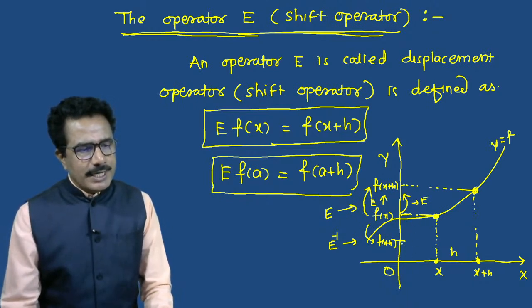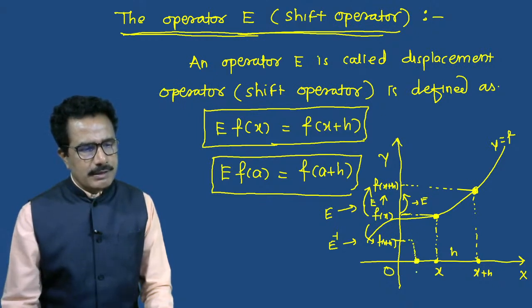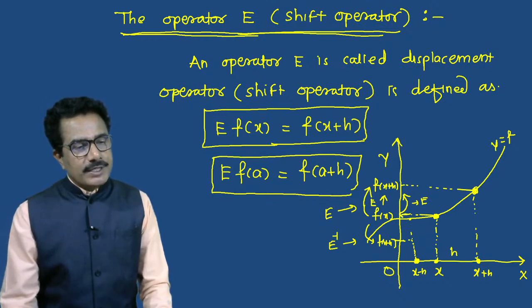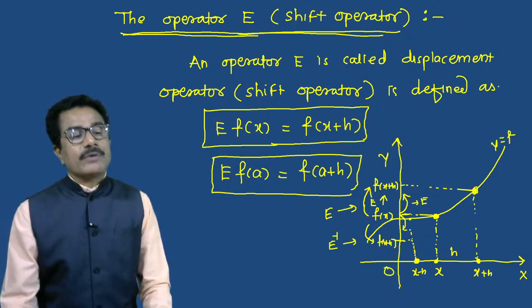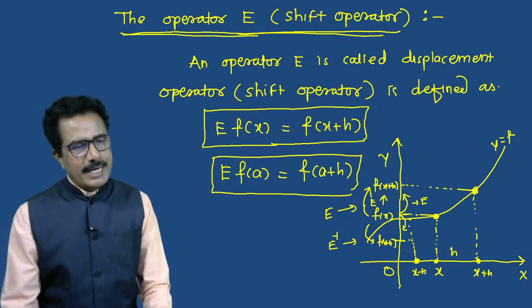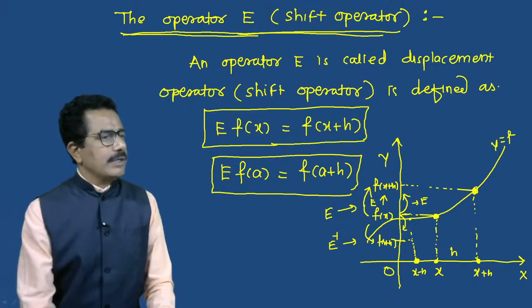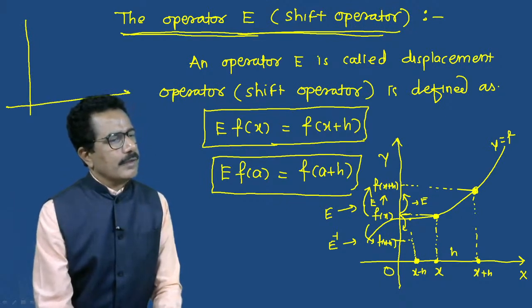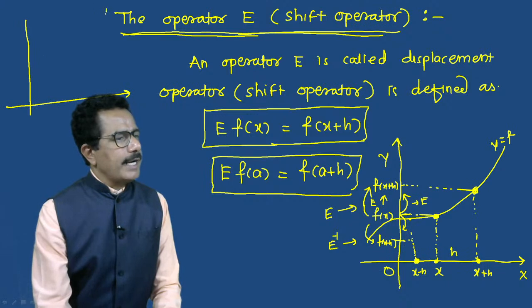If we consider f of x minus h, at the point x minus h, then the function shifts backward. So we shall draw this figure in this way. Forward shift operator and backward shift operator mean what?